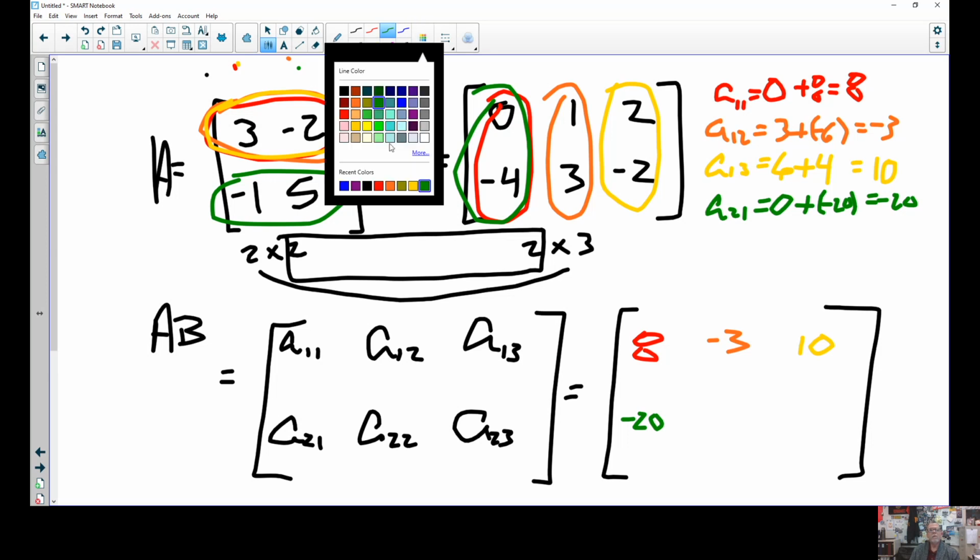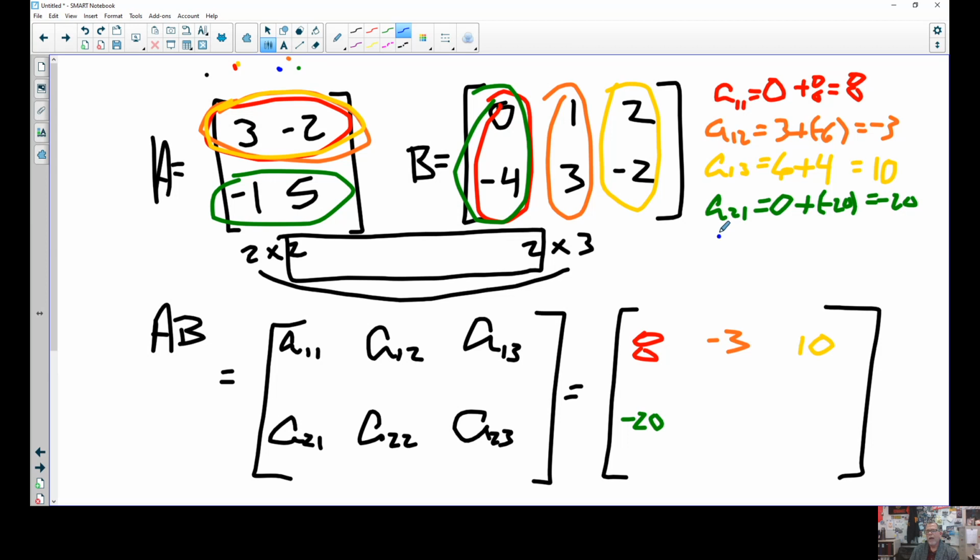Now A22. Second row, second column: -1 times 1 is -1, plus 5 times 3 is 15. That is 14. We got 14 there.